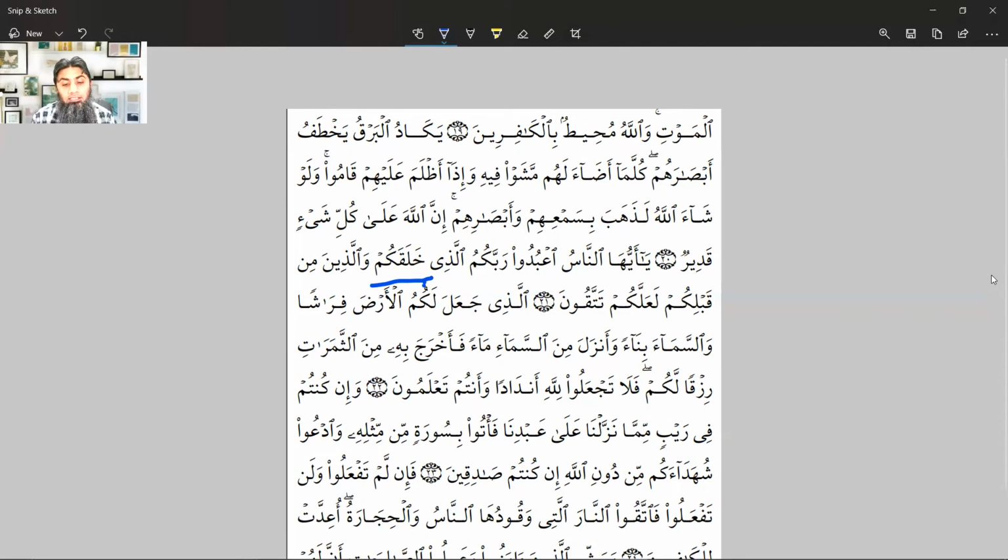Ta'lamuna is a jumla fi'liya as khabar. And what is the role of this wa antum ta'lamun? This is jumlatul haliya, because it is describing their state.